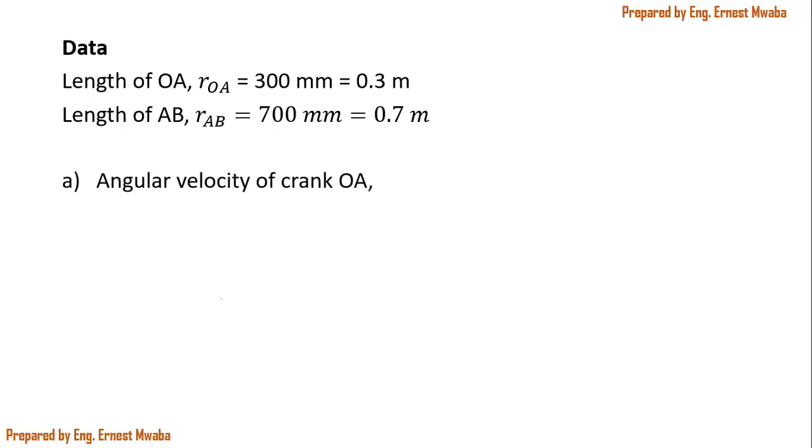Now, the first question is asking for the angular velocity of crank OA. Here, we just use 2 pi n because the rotational speed is in revolutions per second. So 2 pi times the 70. In the end, it's like 140 pi or 439.823 rad per second. That is our angular velocity.